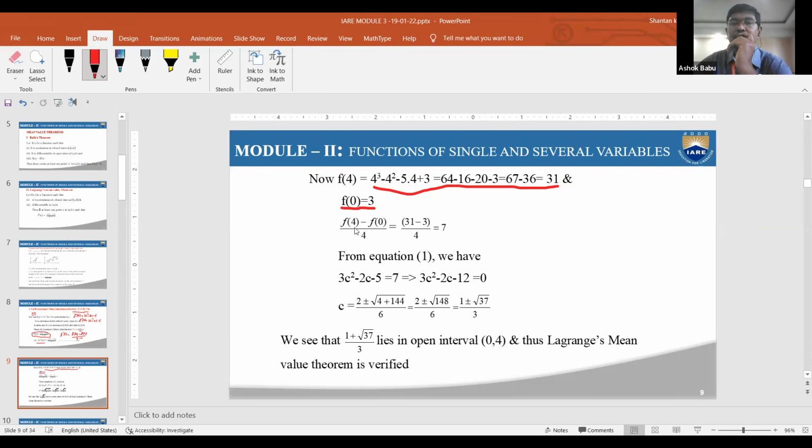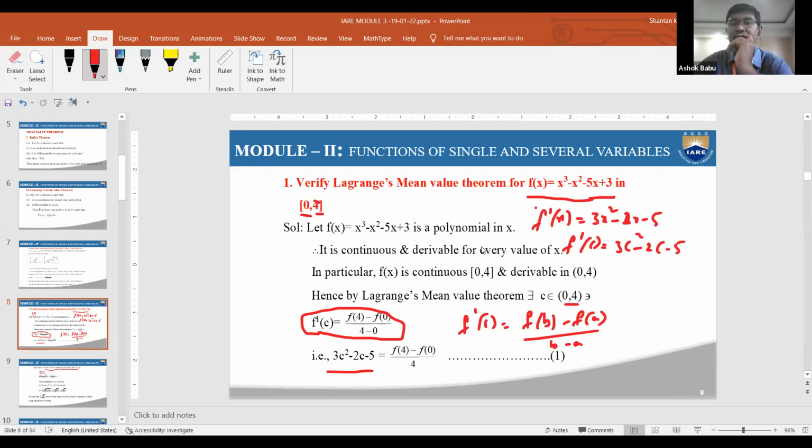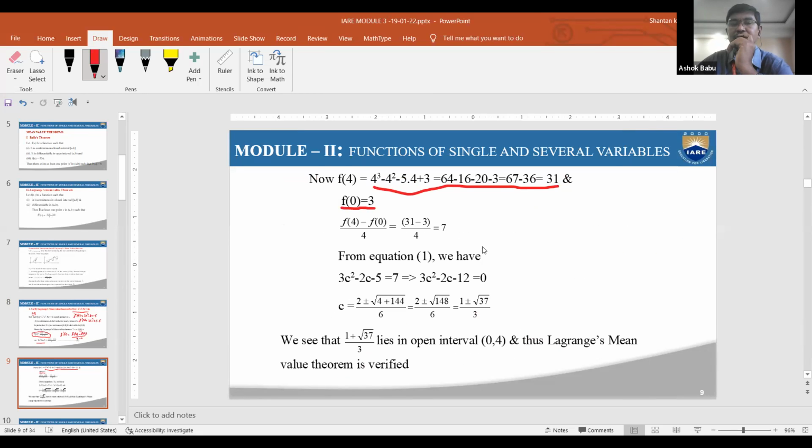Now you come to the point f dash of c is equal to f of b minus f of a by b minus a. Here, f of 4 is already completed, it is 31, minus f of 0, which we also completed, the value is 3, by 4 minus 0, which is 4, is equal to f dash of c. Therefore, f dash of c is equal to 3c square minus 2c minus 5. First, we need to simplify f of b minus f of a by b minus a.